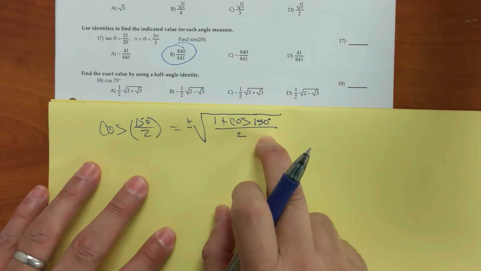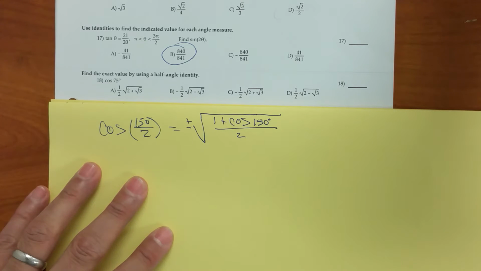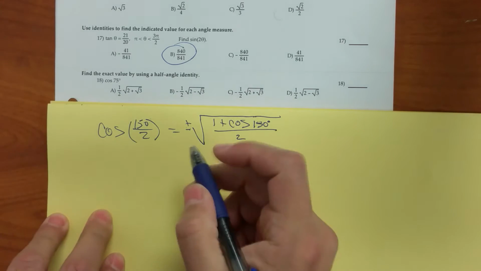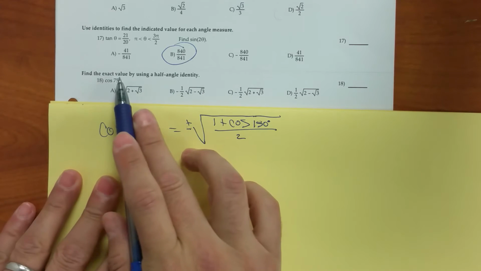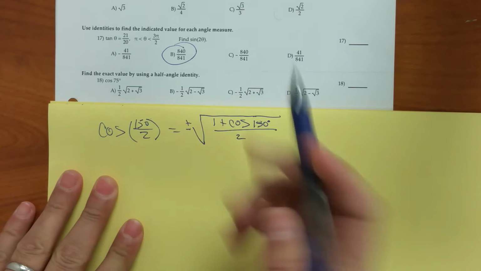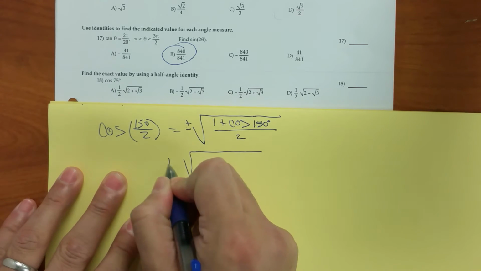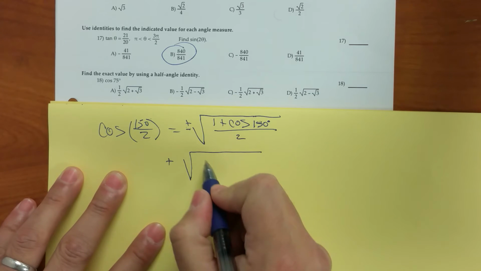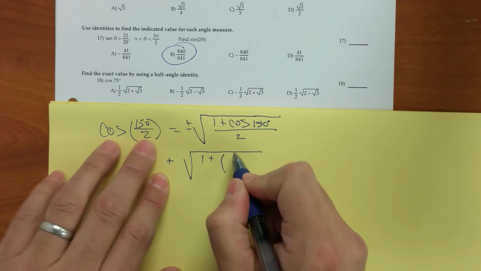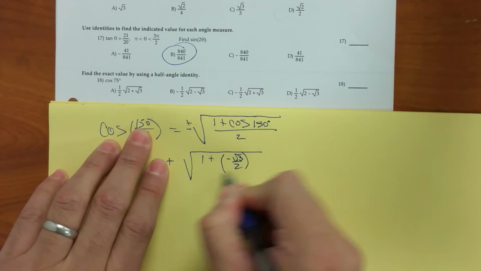Okay, now that I have that cosine at 150, I have to pull that one from my unit circle. Now, since we know that cosine of 75 is in quadrant 1, that's going to be a positive value. So I'm going to get positive square root here. And that's going to be 1 plus a negative radical 3 over 2.